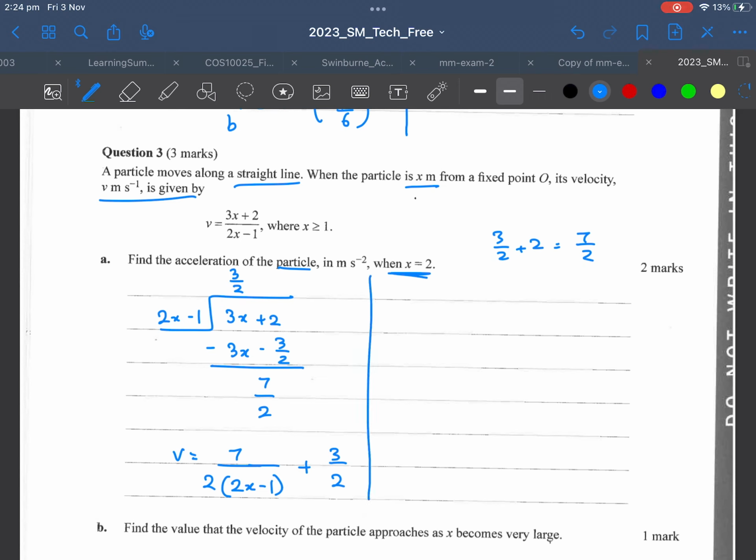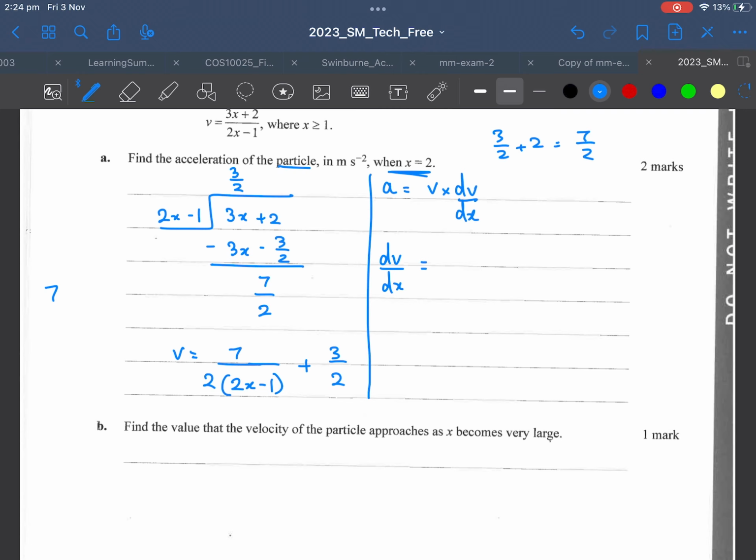Okay, and now we can say that our acceleration is going to be v times dv/dx. So dv/dx is going to be minus 7 on 2 times (2x minus 1) to the power of negative 2, times 2.